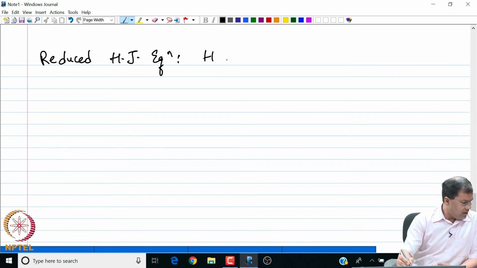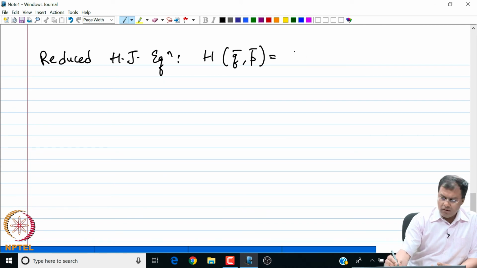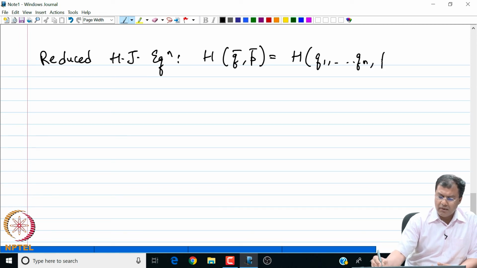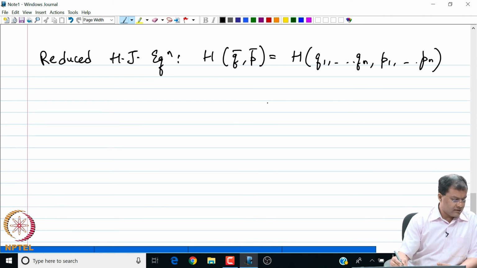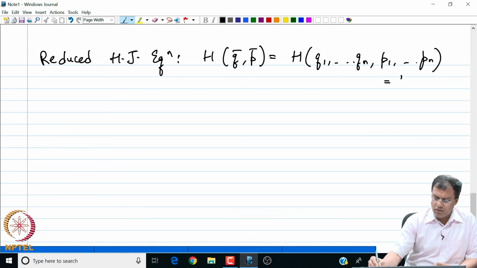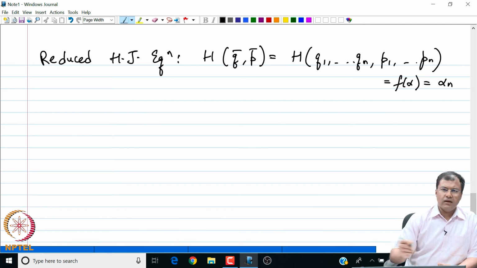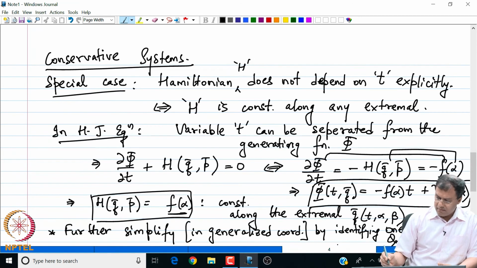It is the following: h of q bar comma p is equal to h of q1 comma q2 comma qn comma p1 comma p2 comma pn. These are all the vectors in the original frame of reference. This is also equal to f of alpha, or in terms of the new coordinate, this is alpha n, right. We have just introduced that. So, alpha n is f of alpha.